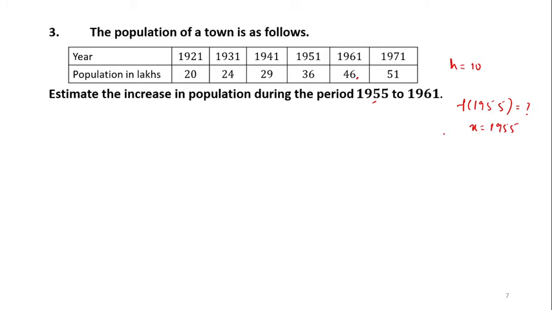Now, compare this value x equal to 1955 with x naught, 1921, and xn, 1971. Clearly, 1955 is near to 1971. Therefore, we use the Newton-Gregory backward interpolation formula to find the value of f of 1955.